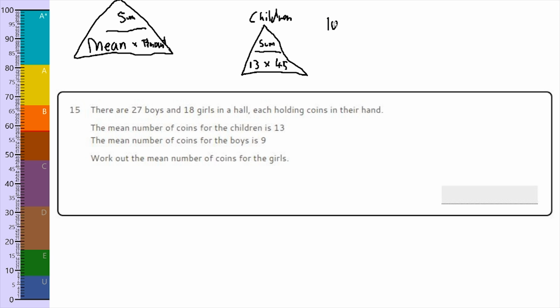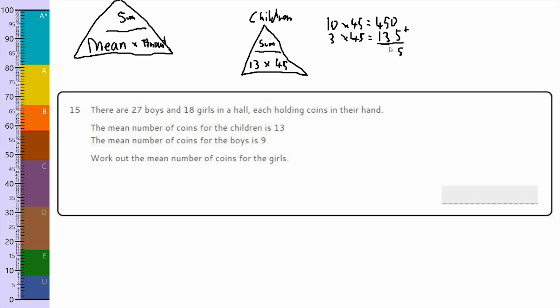Now, this is going to be nice. 10 times 45 is 450. 3 times 45: 2 times 45 is 90, 90 plus 45 is 135. Then add these together.